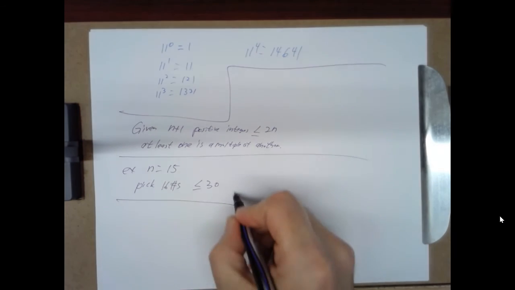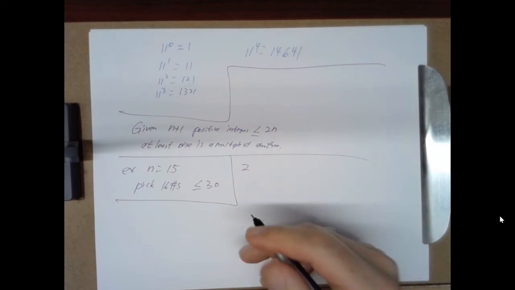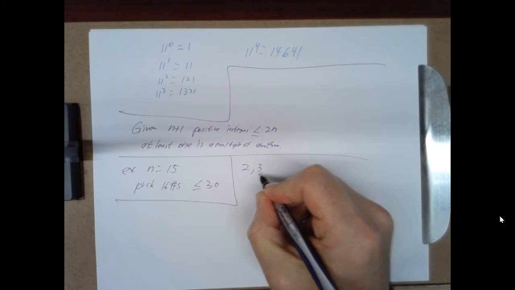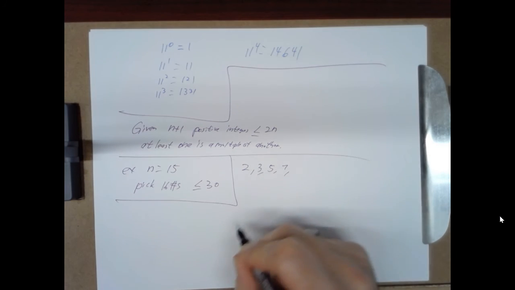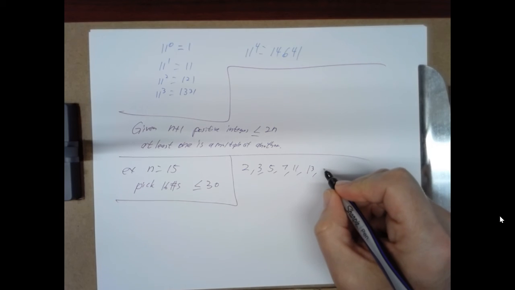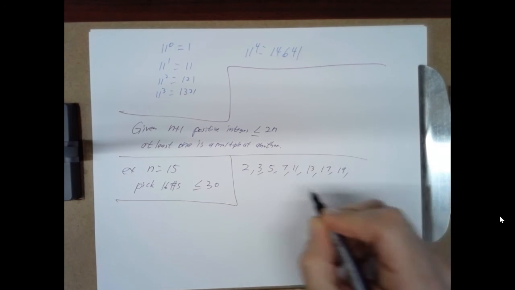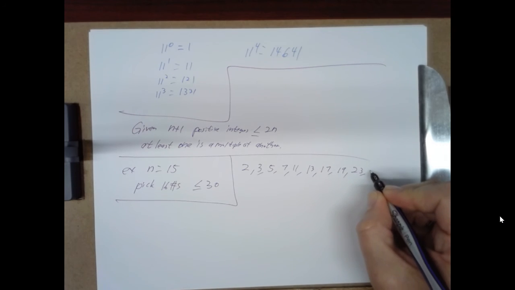All right, well, we could pick the number 2, but that's going to throw away all of our odd numbers. So we can pick 3 and 5 and 7. We can't pick 9. We could pick 11, 13, can't do 15, 17, 19, can't do 21, 23, can't do 25 or 27. We could do 29, and that's it.